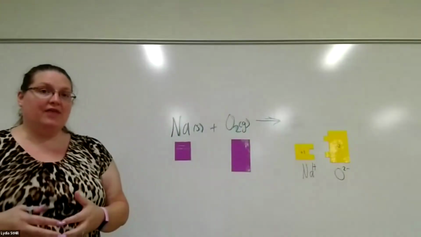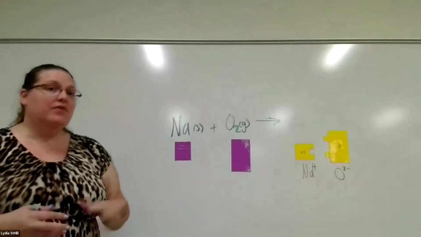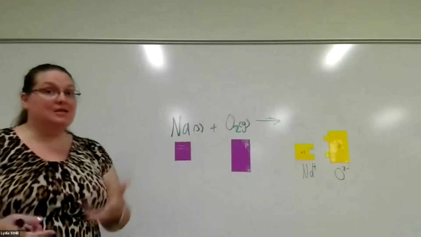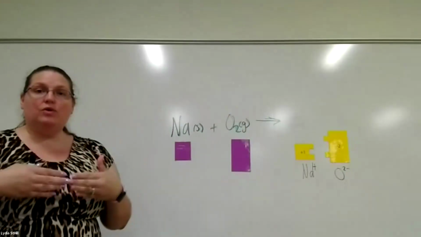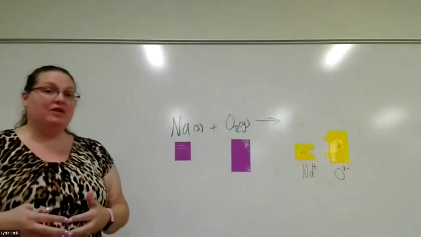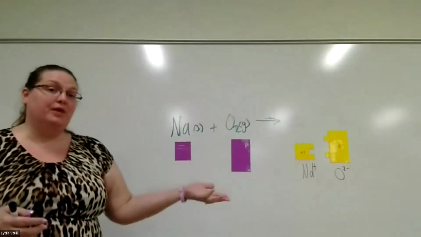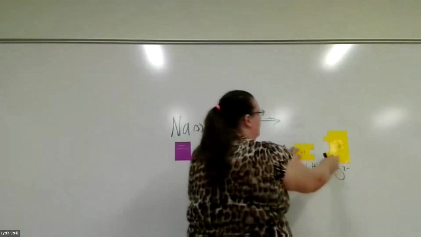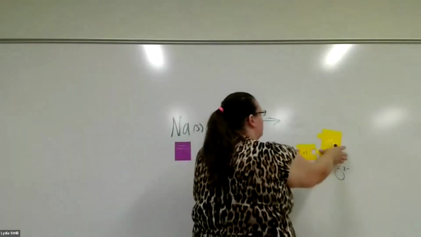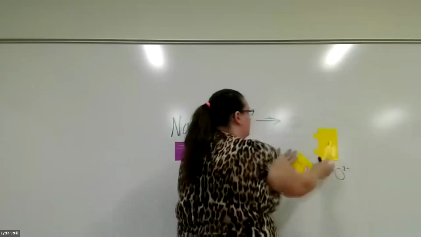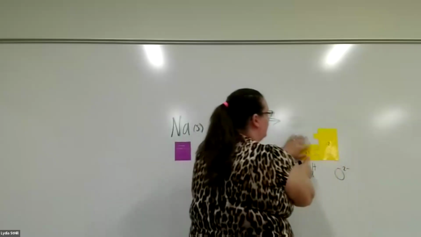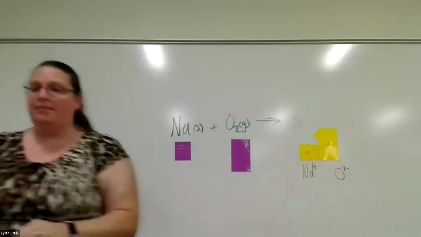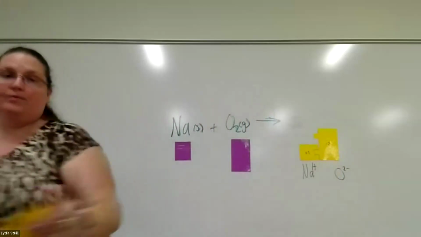Now, if we look at that, we can clearly see that this is not an equally bonded structure. So now we have to figure out what the new structure is going to be in order to make them equal. We're going to put our puzzle pieces together, and we find that we need another sodium in order to balance our equation.